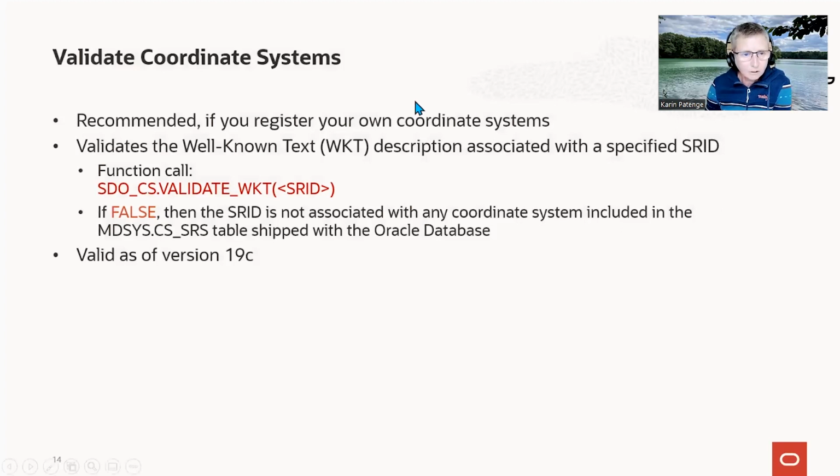This function is SDO_CS, CS for coordinate system, and VALIDATE_WKT, where WKT is short for well-known text, a standard format for geometry data. And this is how we can validate the coordinate systems registered in the Oracle database.